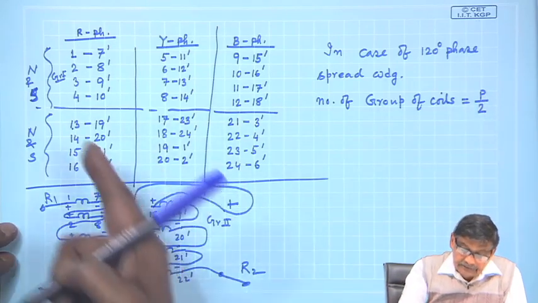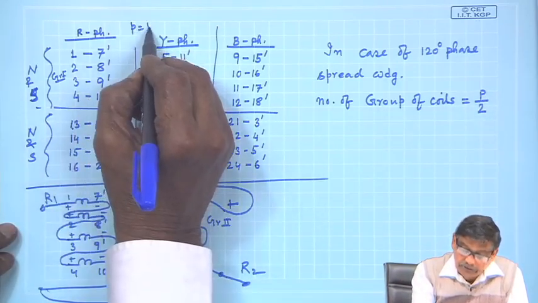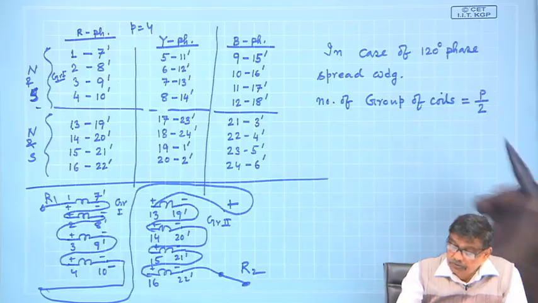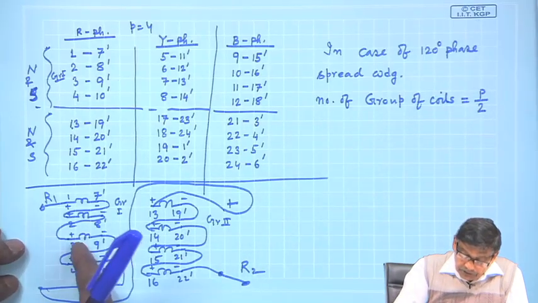See, in this case number of poles were 4. So, 4 by 2, 2 groups, one group, two group.